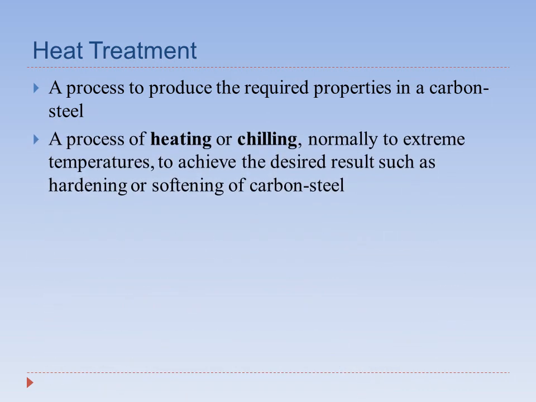In heat treatment, we carry out heating or chilling, normally to extreme temperatures, to achieve the desired result, such as hardening or softening of carbon steel. So in heat treatment, there will be heating, normally at high temperatures, and consequent chilling.